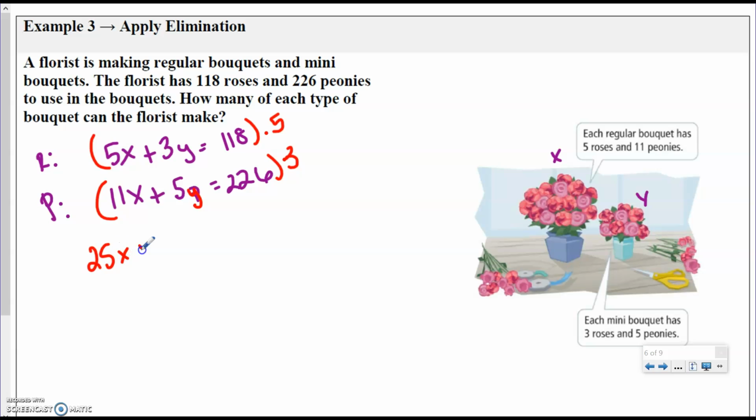So 25x plus 15y equals 118 times 5, which is 590. And then 3 times 11, so 33x plus 15y equals 226 times 3. So I get 678. Here's my problem.